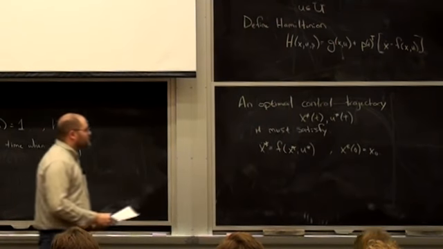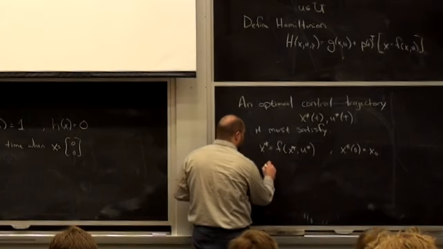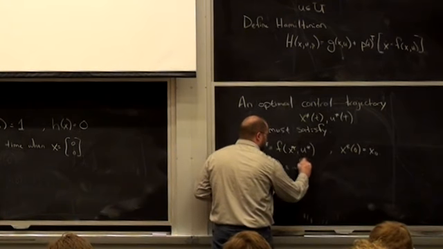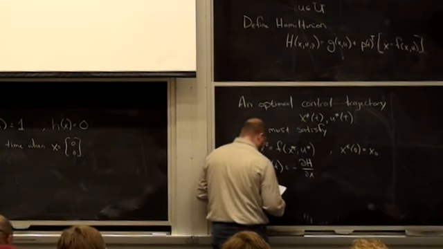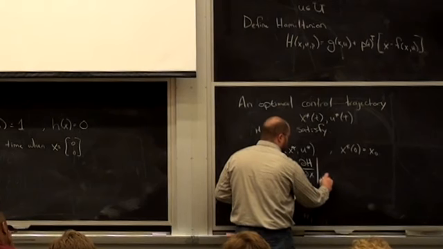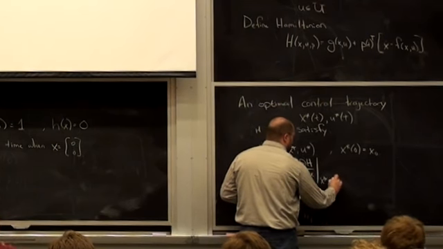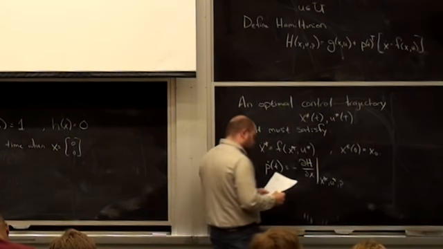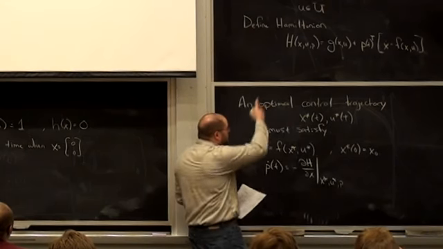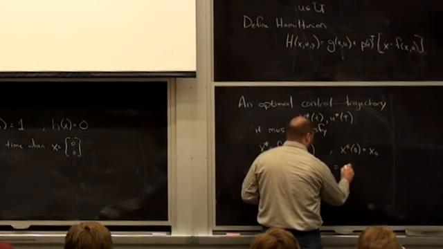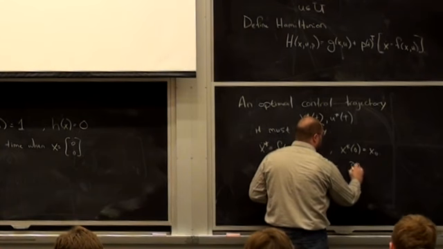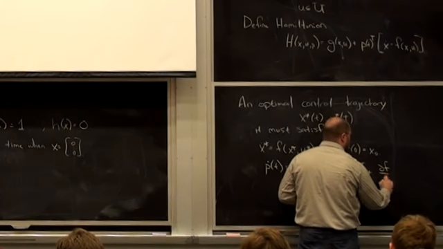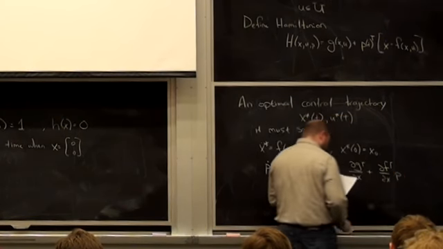There's a significantly less trivial one, which is that p dot of t has got to equal negative partial H partial x evaluated at x star, u star, p, which if H is what I had up there, works out to be partial g partial x plus partial f partial x transpose p of t.